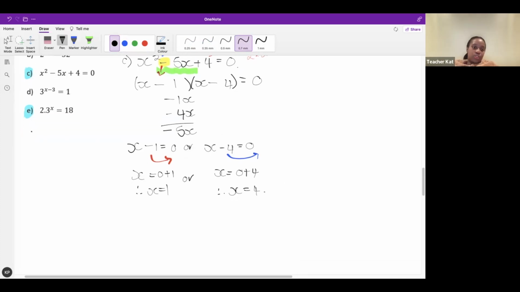Now, I really wanted to do E quickly because it's very interesting. What does this dot between 2 and 3 mean? What does that dot mean, guys?